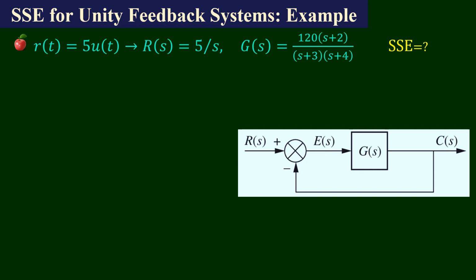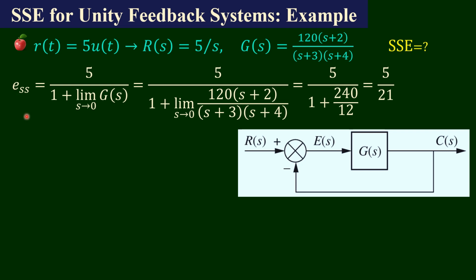On the previous slide, we showed that this is a stable transfer function, and then using the standard steady state error equation, we can put the things in, and here the steady state error will be this. If you put s equal to 0 here, this is 0, this is 0, this is 0, so 120 multiplied by 2 will be 240, and here you get 12. Simplification gives us the steady state error.